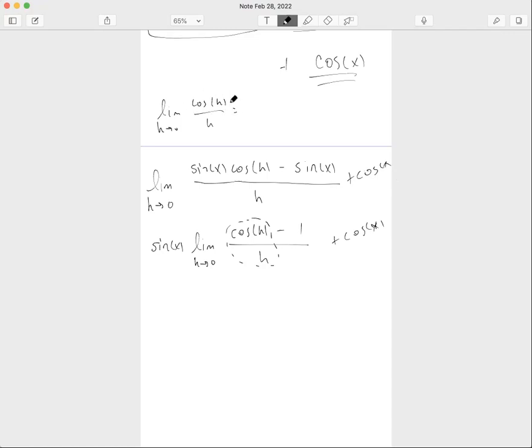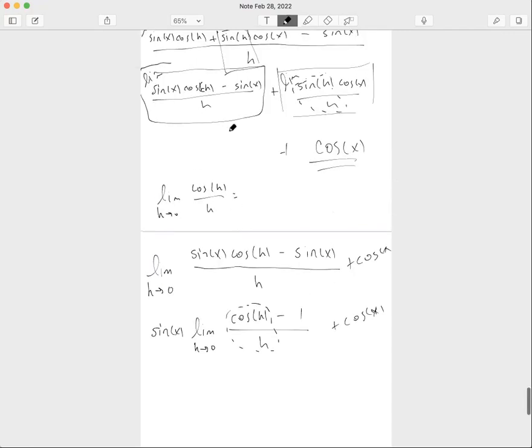What happens when you plug in h equals 0 for cosine? Oh, okay. So it's a lot different, right? Yeah, okay. Thank you. I didn't plug in anything yet. Sorry, I'm leaving out the cosine just so I can home in on this limit.